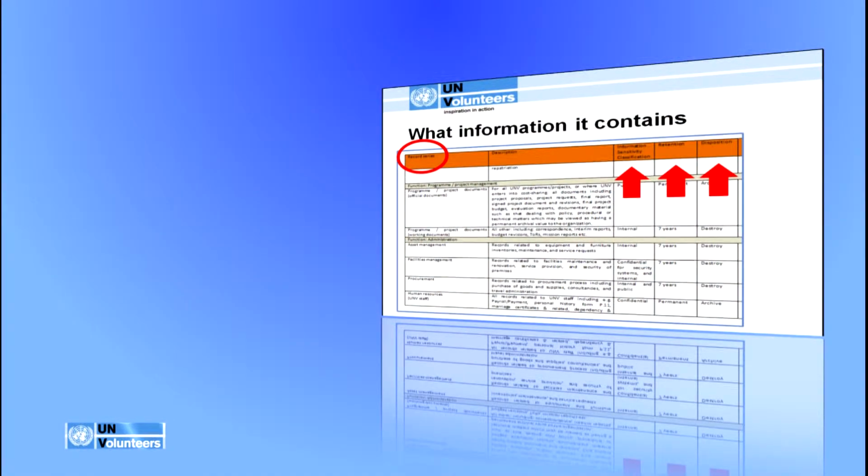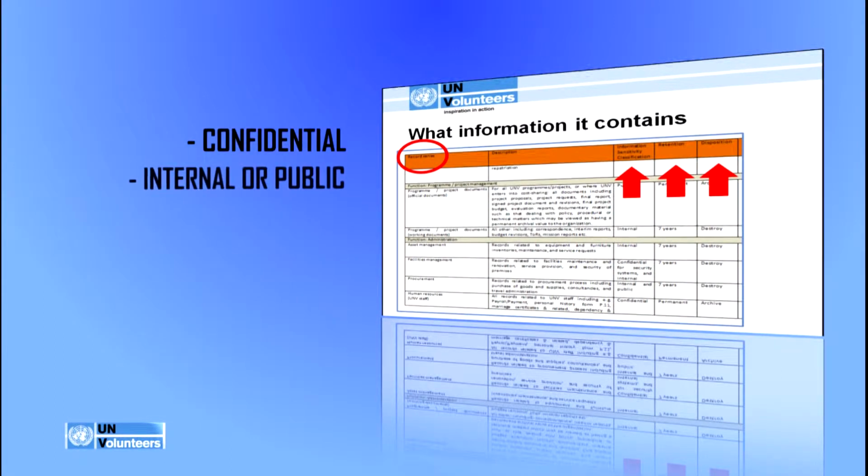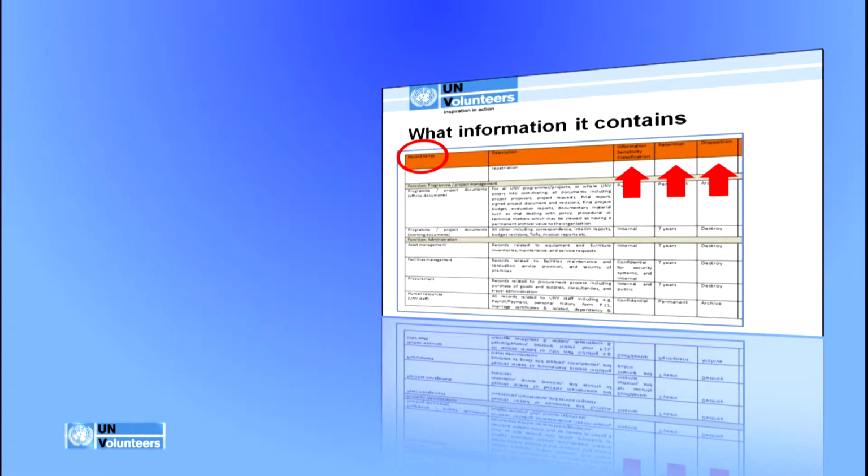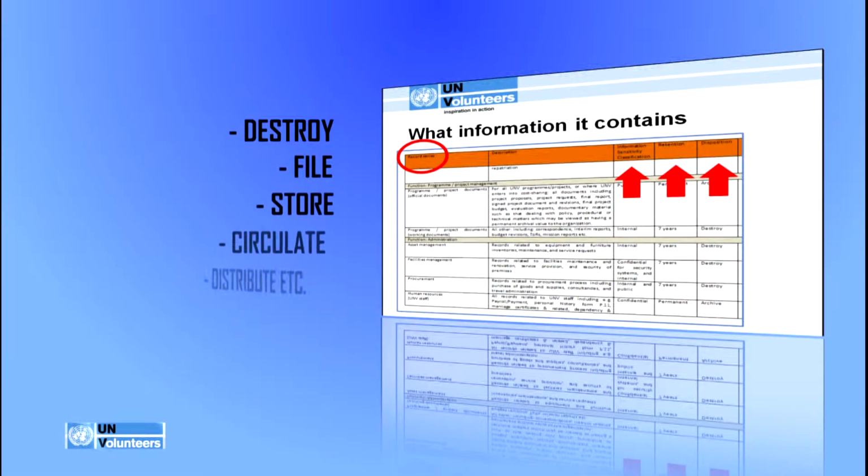In the columns, information sensitivity and classification information is provided for that record series as to whether it is highly confidential, internal, or public. This piece of information is relevant for knowing how to handle the records, for example, destroy, file, store, circulate, distribute, and so on.